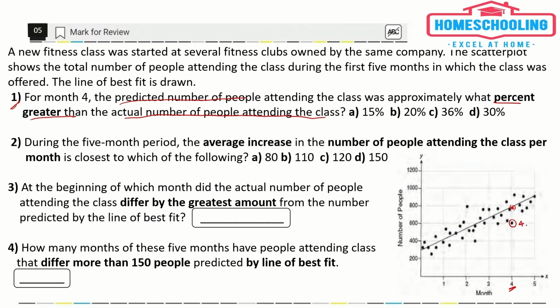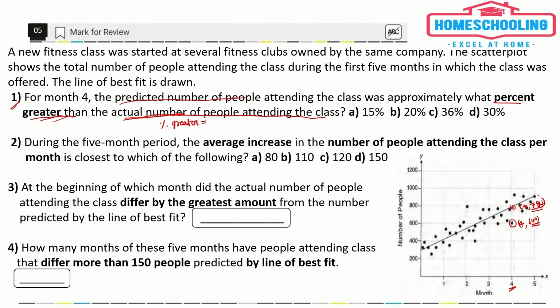So this is 600, and this one is slightly below 800, so 780. For month 4, we have to find the predicted number of people attending the classes, approximately what percentage greater than the actual number. The actual number is 600 and the predicted number is 780. So we have to find the percentage greater.